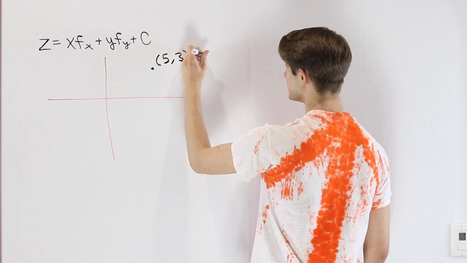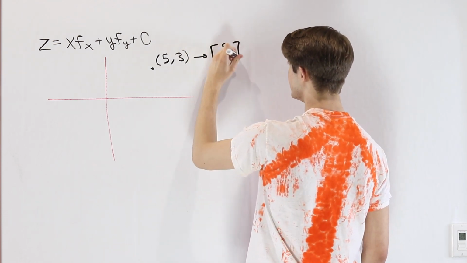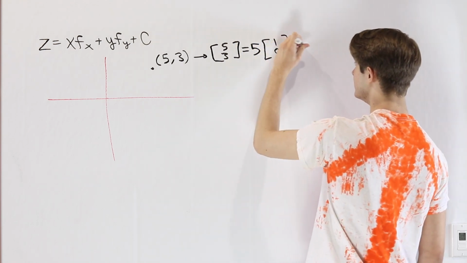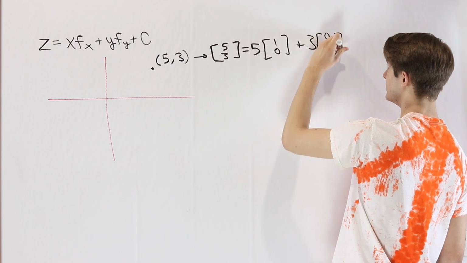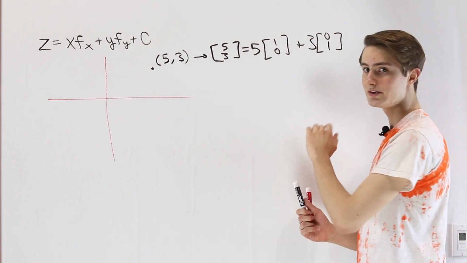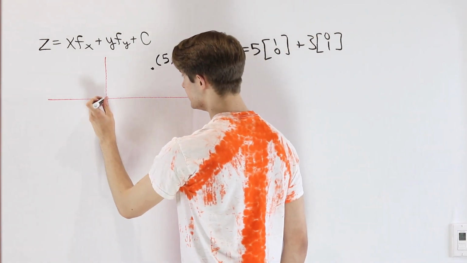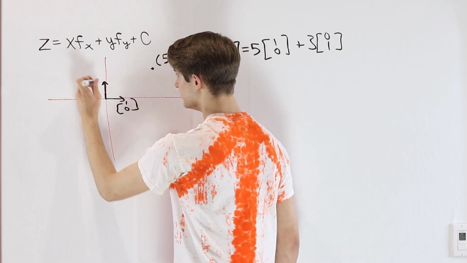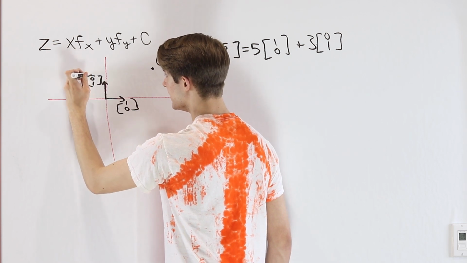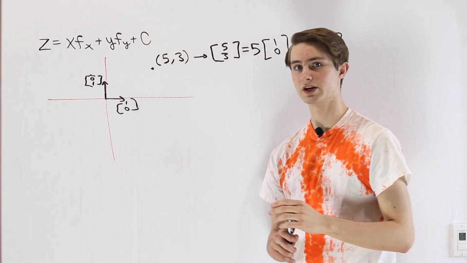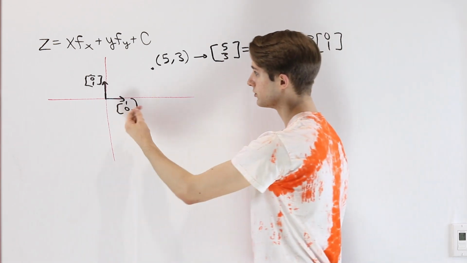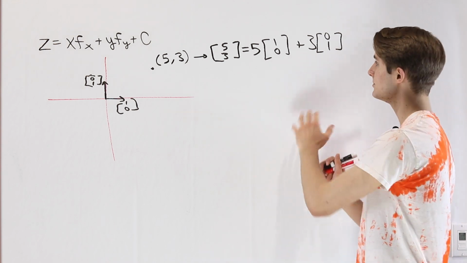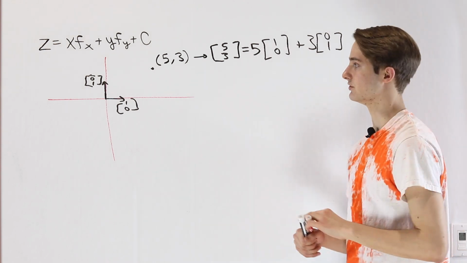We can say that the vector 5, 3 is equal to 5 times the vector 1, 0 plus 3 times the vector 0, 1. And this essentially corresponds to the idea of choosing coordinate vectors 1, 0 and 0, 1. In this case, because those coordinate vectors correspond to unit changes in the horizontal or vertical direction, it allows us to do this very nice and easy description of any particular point in space.